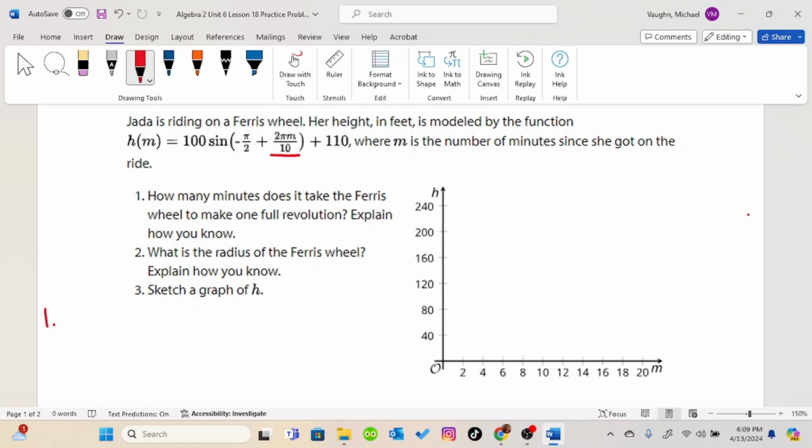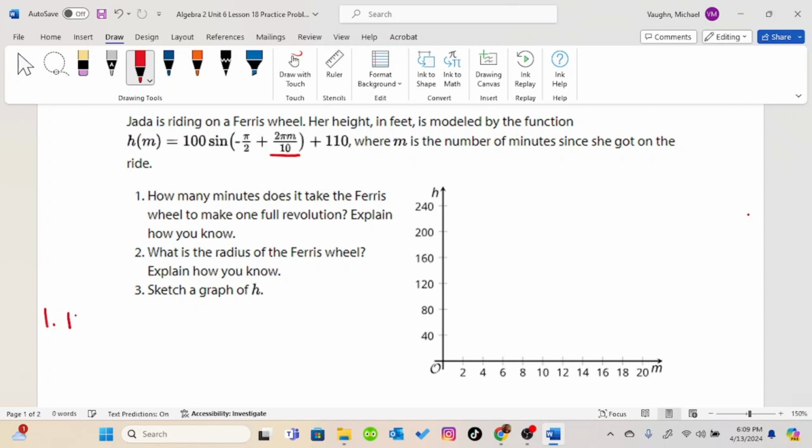Here we can see that if we take 2 pi, which is one full circle, multiply it by the number of minutes she's been on the ride, and divide by 10, we will get how many full circles she's made. So this is telling us she'll make one full circle every 10 minutes.